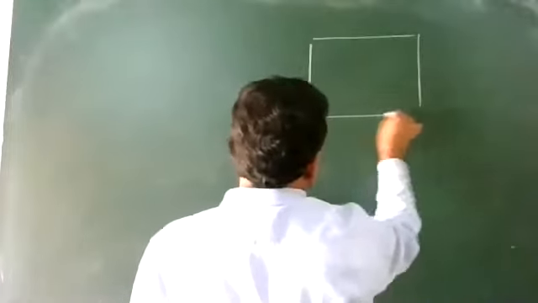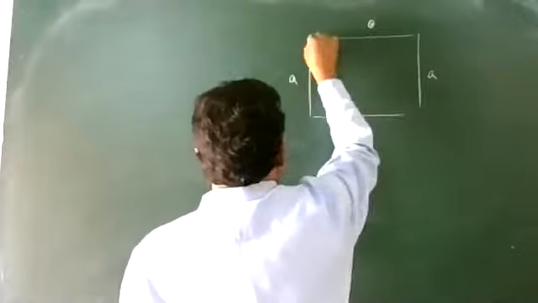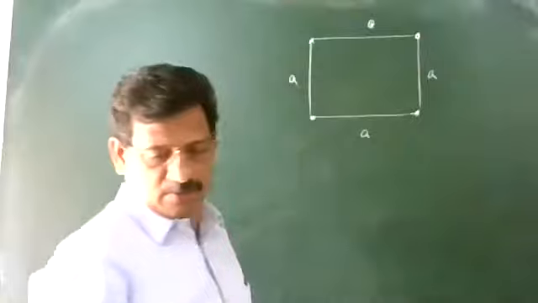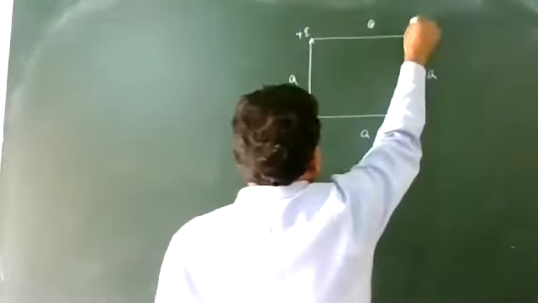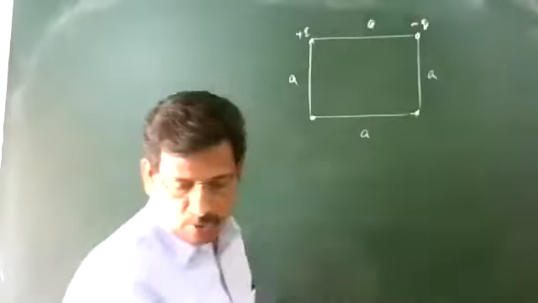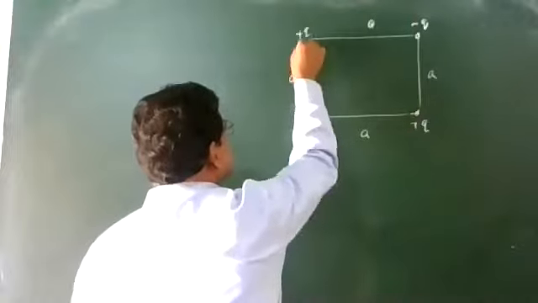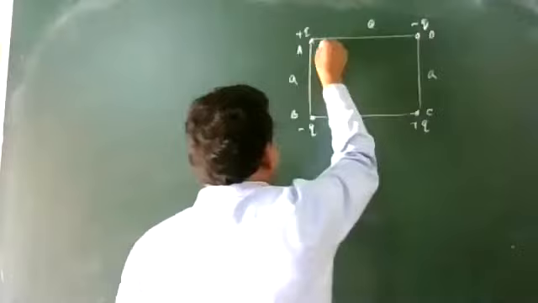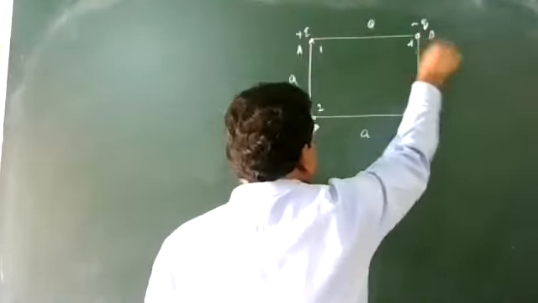You have a square of side A, and 4 point charges are placed at the corners: plus Q, minus Q, plus Q, minus Q. You can mark the points as A, B, C, and D. Start with 1, 2, 3, 4; you can start from anywhere.